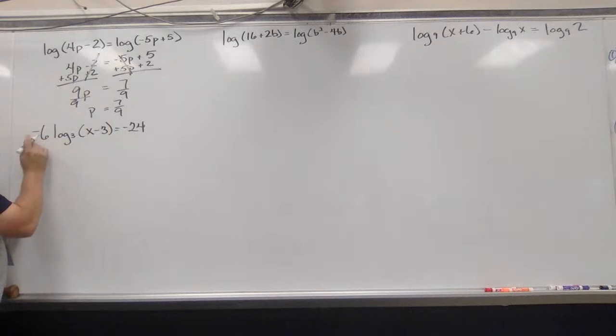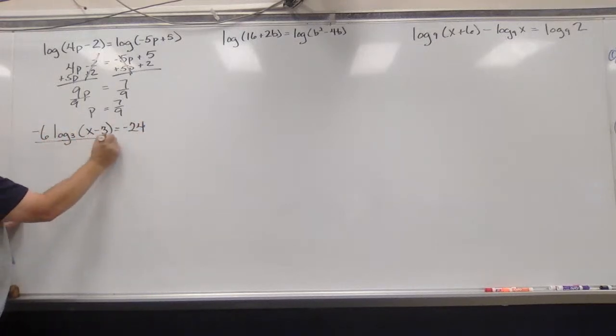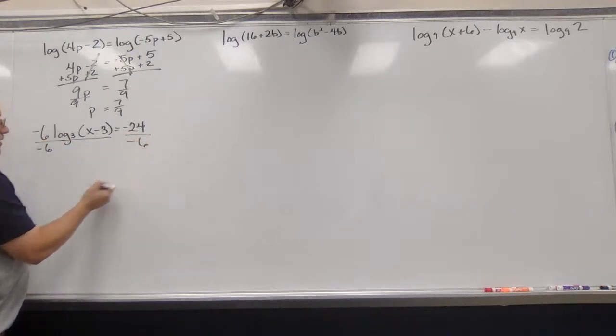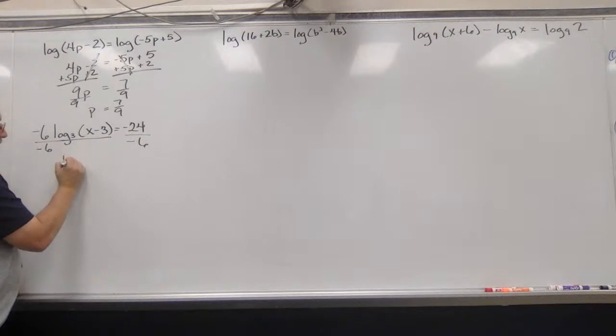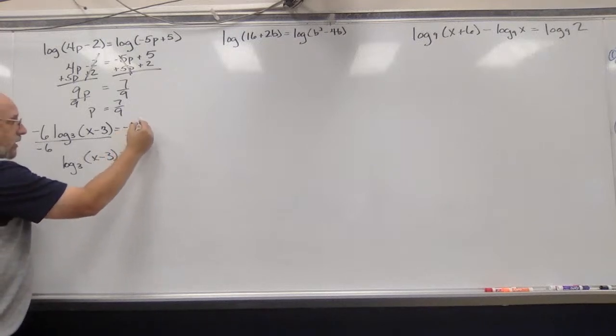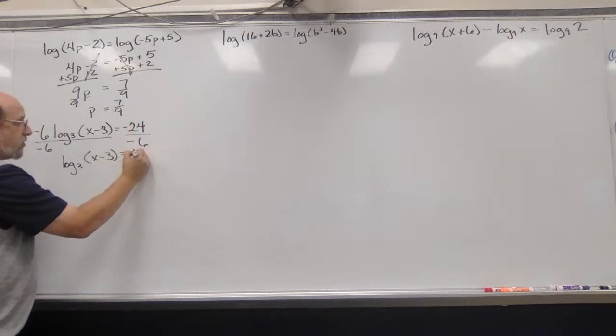I have some multiplication that I need to get rid of first, so divide this whole thing by negative 6, and this side by negative 6. Now I have log base 3 of x minus 3 equals, well, negative 24 divided by negative 6 is 4.